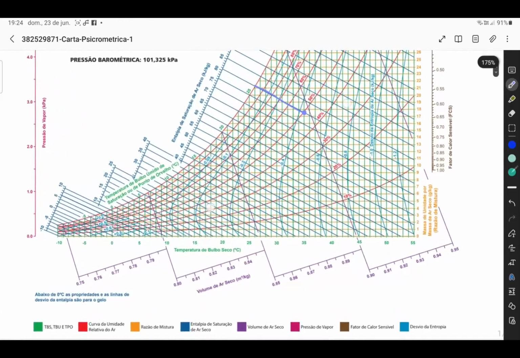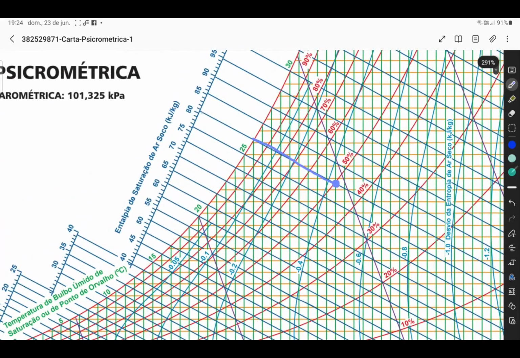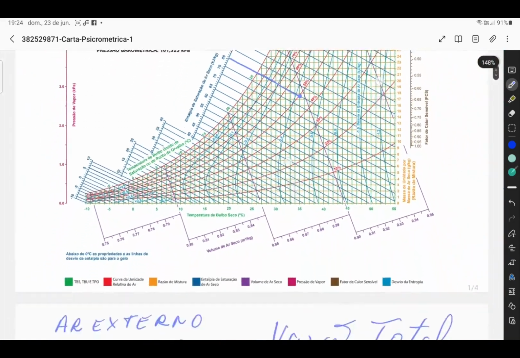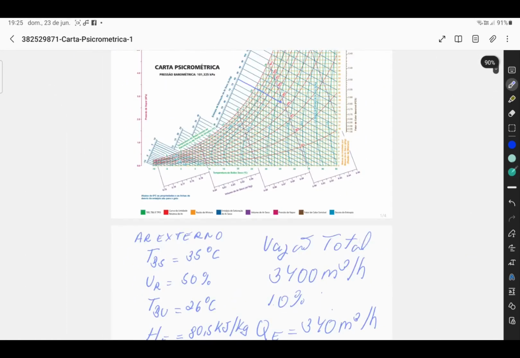What is my enthalpy at this point? Okay, my enthalpy at this point is 80.5 kilojoules per kilo. What is my absolute humidity?